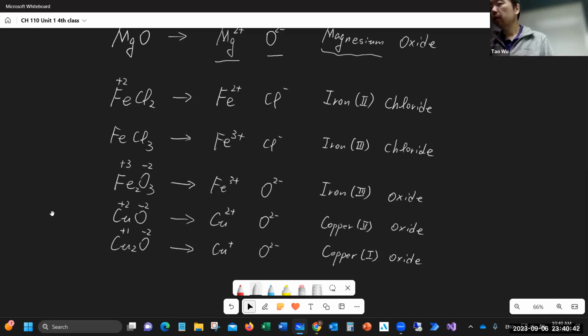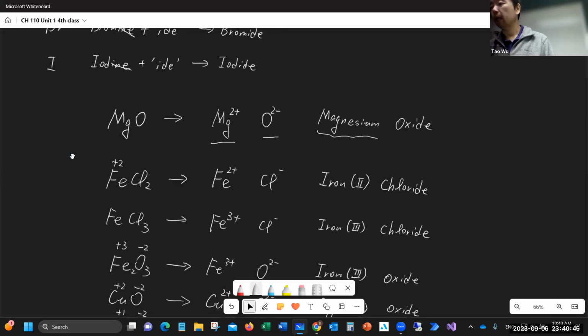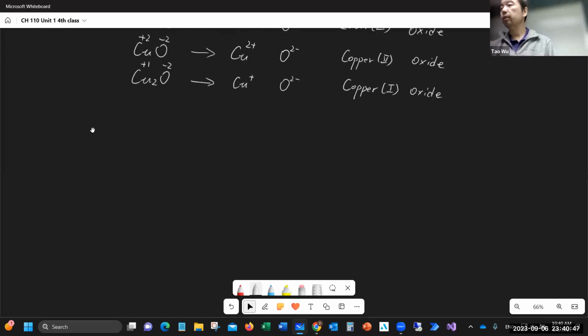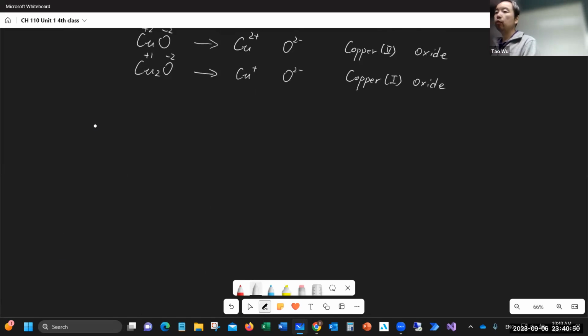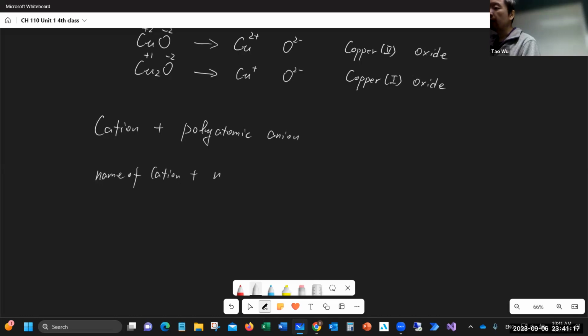So this is about the monoatomic ion. Now we're going to talk a little bit about the polyatomic ion. If we have a cation plus a polyatomic anion, in general it's the same thing: the name of the cation plus the name of the anion.